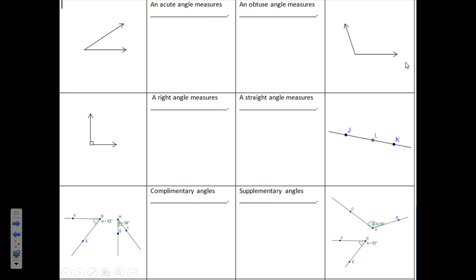Then the next one is an obtuse angle, more than 90 degrees and less than 180 degrees. And these are your notes, so if you want to say between 90 and 180 degrees, that's okay too. An obtuse angle measures more than 90 degrees, but less than 180 degrees.